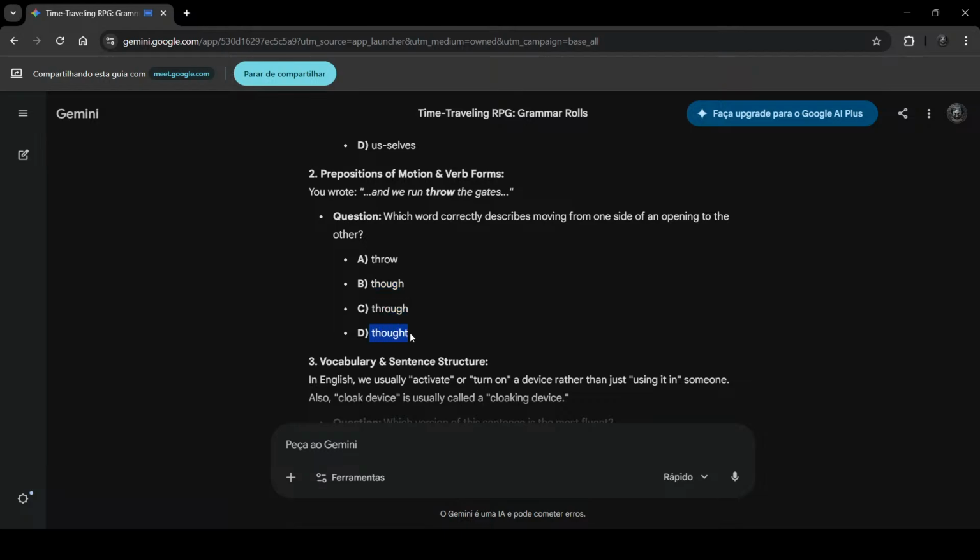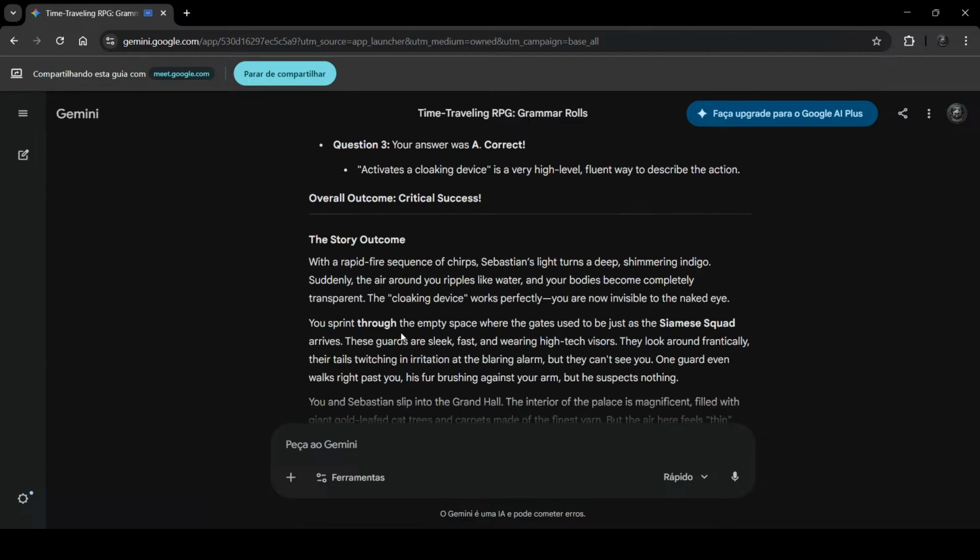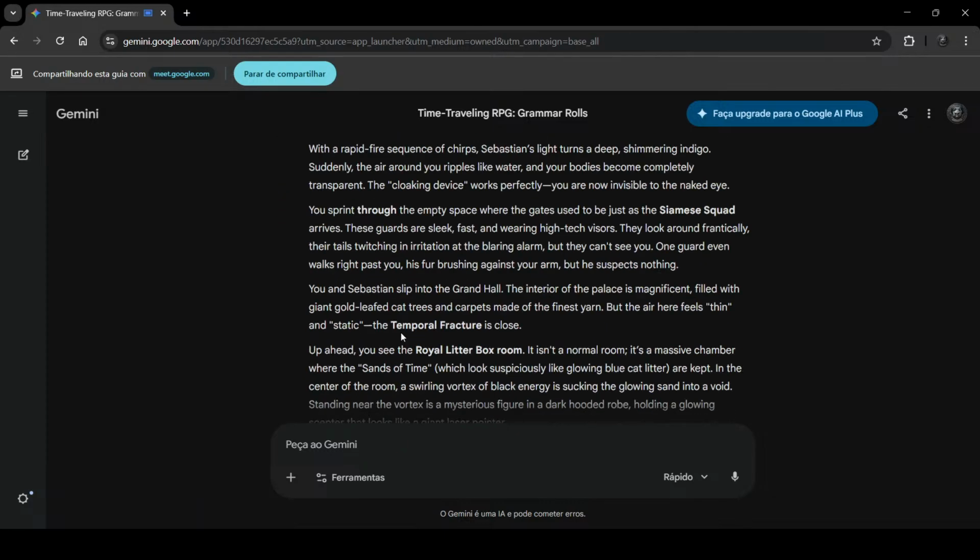And this is thought, the past of think. Throw and though rhyme, but through has an ooh sound and thought has an odd sound. Yes, very common mistakes.